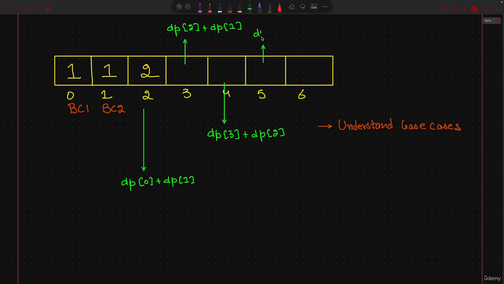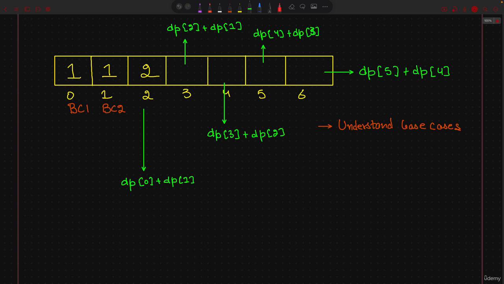So this can be DP of 4 plus DP of, sorry, 3. Similarly, the final one, I can just directly say DP of 5 plus DP of 4. So if I'm able to just solve and fill up my whole array, I can say that this is going to be my final answer.